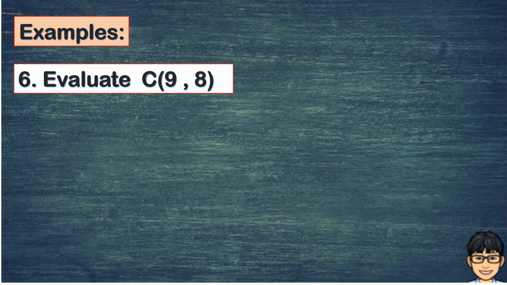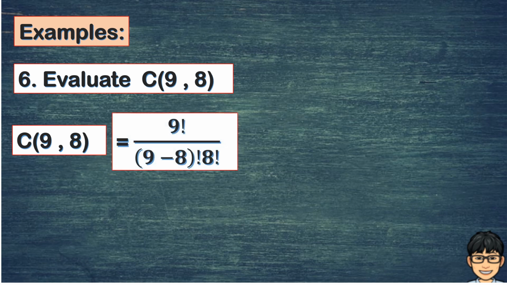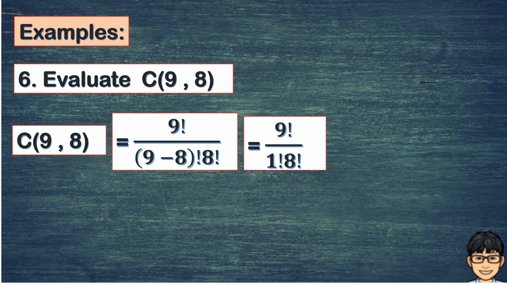Okay, let us proceed to example number 6. Evaluate 9 select 8. So using the formula, we have 9 factorial over the quantity of 9 minus 8 factorial times 8 factorial, which is also equal to 9 factorial over 1 factorial times 8 factorial.